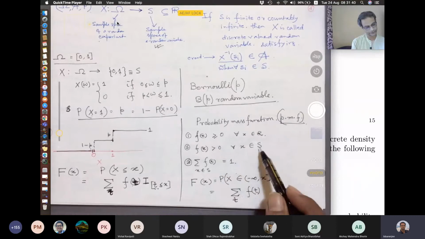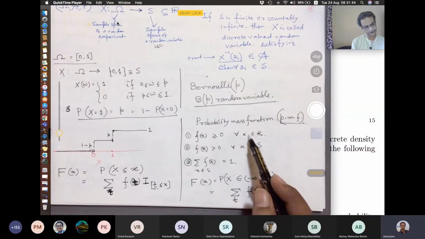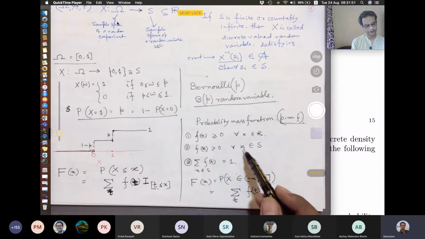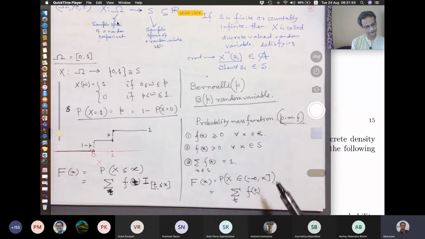If t belongs to S, it will be strictly greater than 0. If t doesn't belong to S, it will be equal to 0.